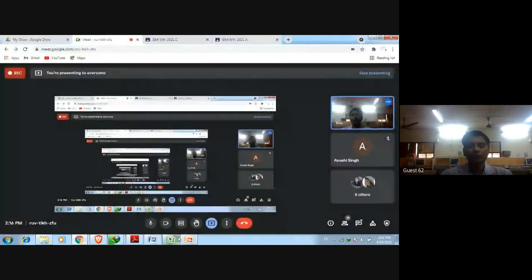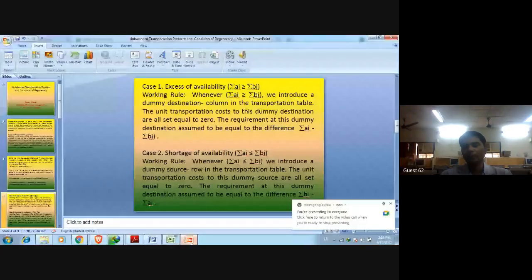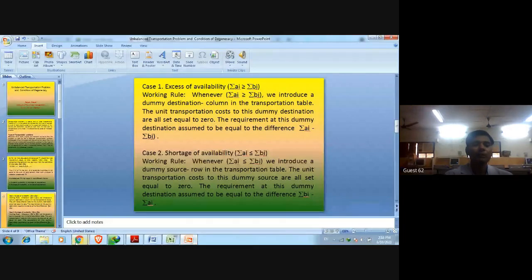Suppose you are manufacturing a product according to the demand of the market, and after some time you have increased your production rate. What will happen?